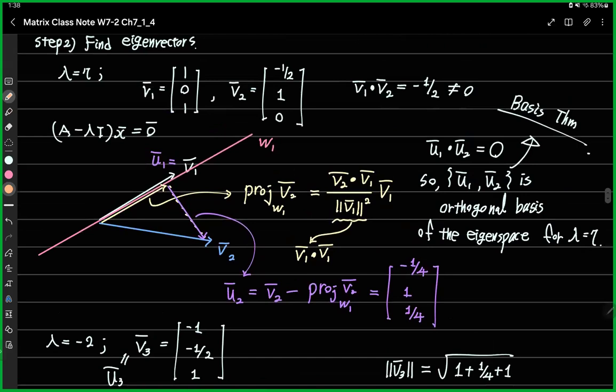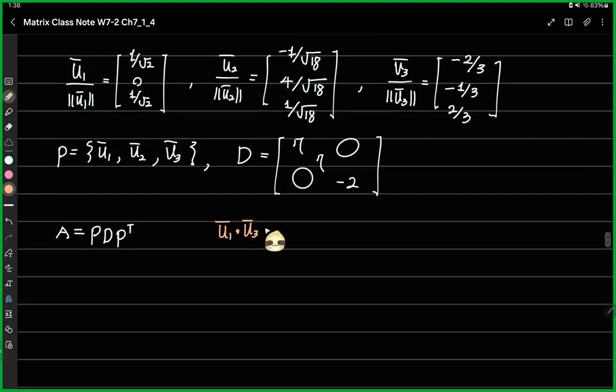If you take the dot product of U1 and U3, it's going to be 0. And U2 dot U3 is also 0. Which means that all of the vectors spanned by U1 and U2 are orthogonal to the vector spanned by U3.